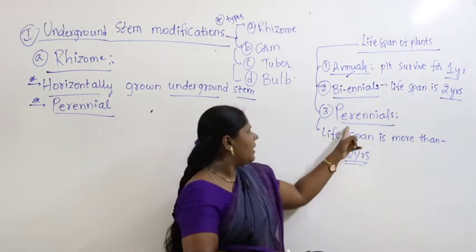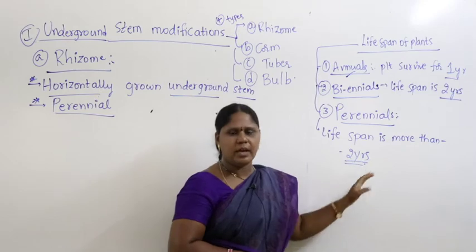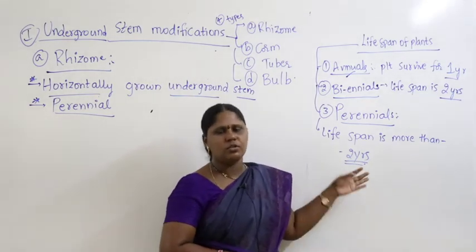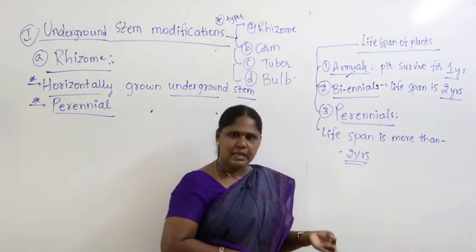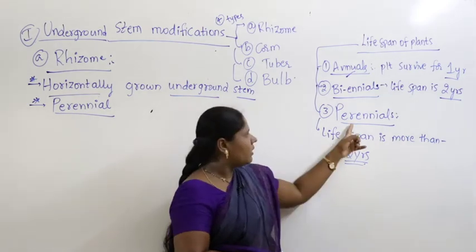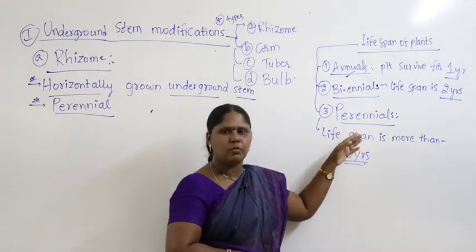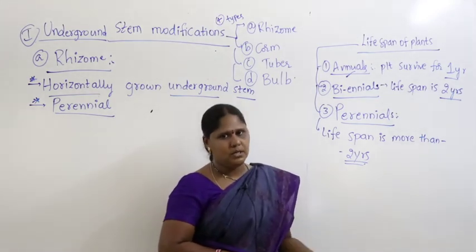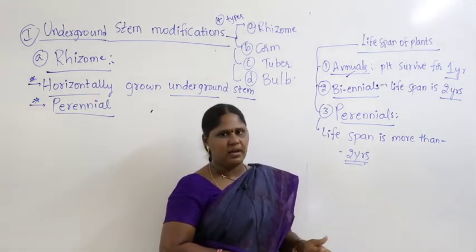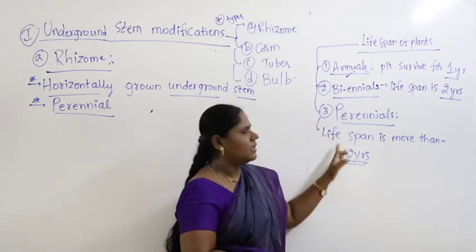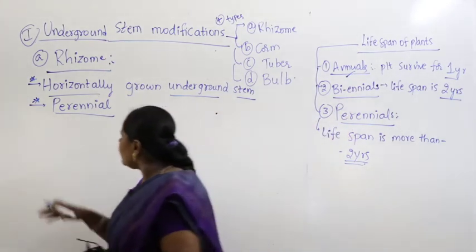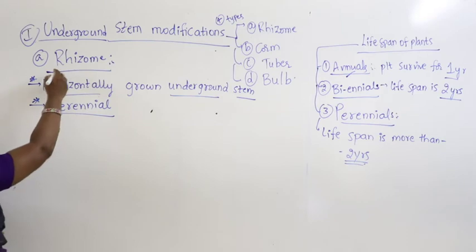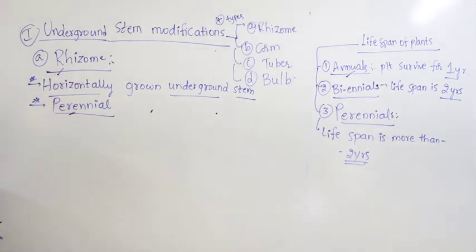Perennials have a lifespan of more than 2 years, like ginger, rosa, nerium, jasmine, where the plant survives more than 2 years, maybe up to 5 or 10 years. So according to lifespan, we divide plants into 3 categories. Here, the rhizome is a perennial, meaning it has a lifespan of more than 2 years.